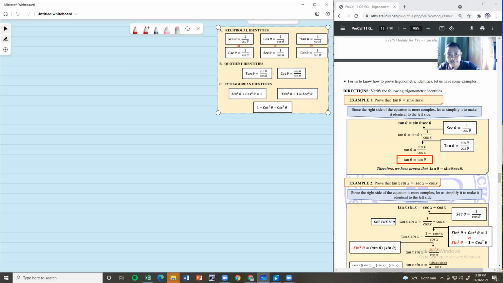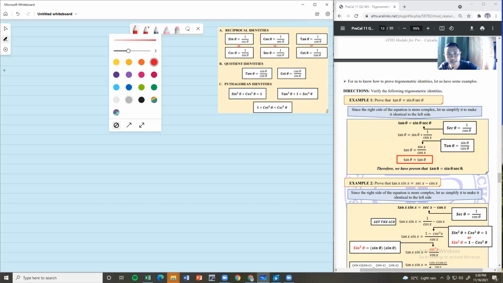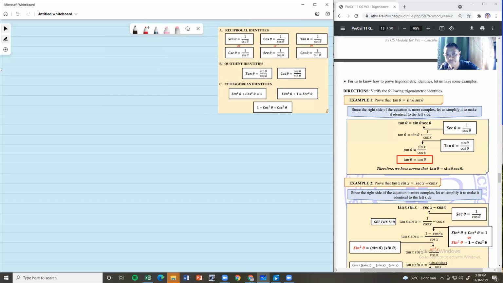Okay, so proving identities is just the same as expressing your expressions into a single function. So let's have this: tangent theta is equal to sine theta secant theta.